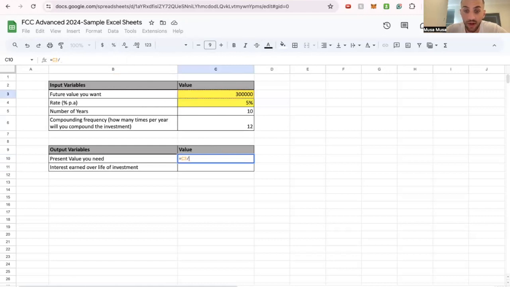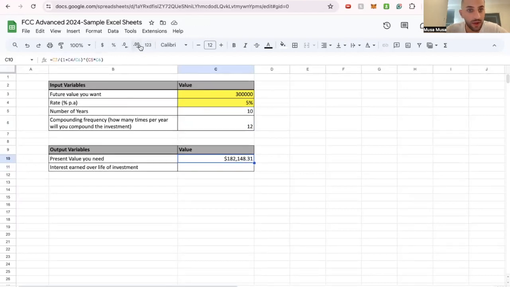Then I'm going to divide by open bracket 1 plus 5%. So click that cell, divided by 12. So click that cell. All to the power of 10 times 12. So we get the same number.